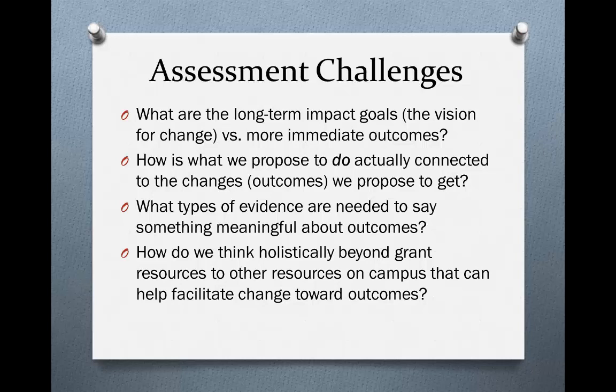And then certainly the resources piece, and you don't need me to raise this question, but I do hope to raise the point about how robustly you might be thinking about the resources that you have on your campus in ways that can contribute to and facilitate the project. So those are just some initial prodding questions that begin to frame just the conceptual matter behind even beginning to work with logic models. It's just those kinds of questions.